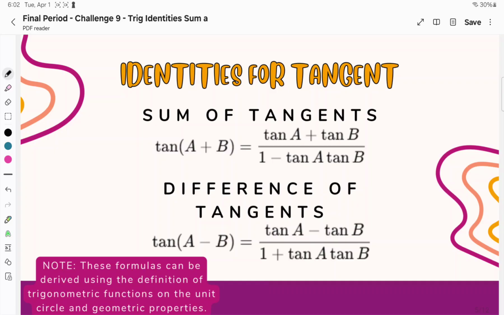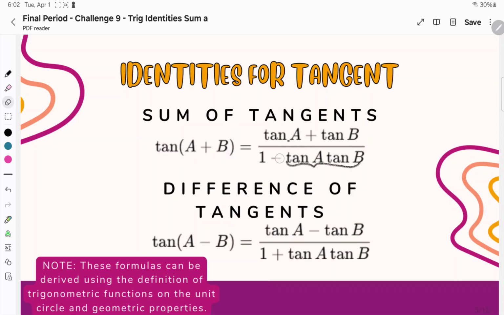Okay, these are a little bit more complicated because we are going to have a quotient. Okay, so the tangent of A plus B is going to be tangent of A plus tangent of B, but we're going to divide all of that by 1 minus the product of tangent of A times tangent of B.